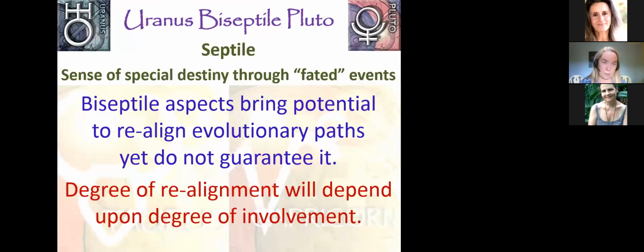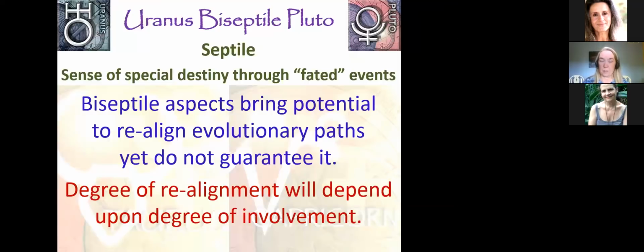So remember, that septile was a sense of special destiny that we wanted to create, and in first quarter phase that we really want to manifest, and it will appear to come at us through fated events that are really just trying to help us realign with evolution.